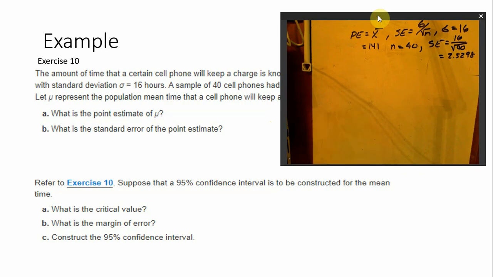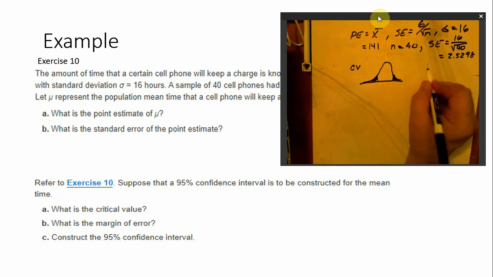Suppose that a 95% confidence interval is to be constructed for the mean time. What is the critical value? So again, I've got to draw my little curve. For confidence intervals, we're always doing this on the inside. I need to do a 95% confidence interval.